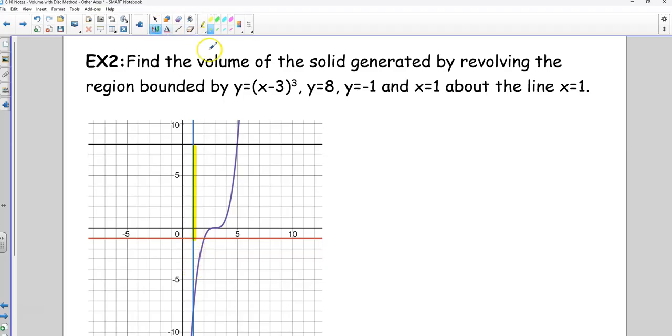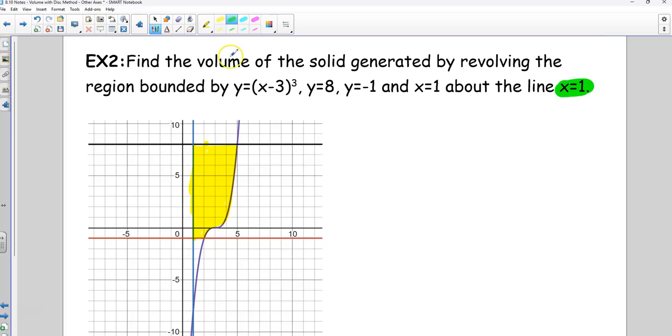Yeah, because we got y equals -1. It's going to be this region. And we are revolving about the line x equals 1.